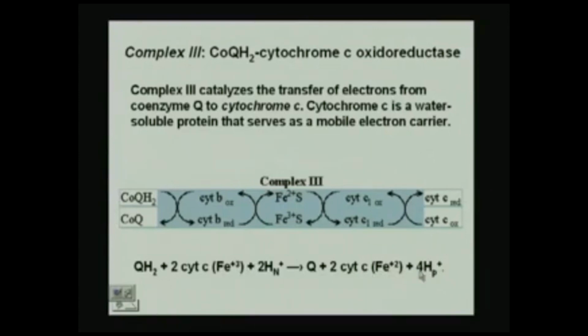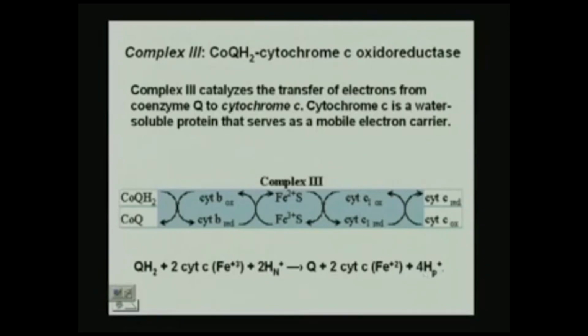And we have 4 H plus in the intermembrane space. So, what have I done? In this complex 3, I have reduced cytochrome C, I have oxidized Q, and I have transferred in effect 2 protons to the intermembrane space. So, this is the overall reaction of complex 3.